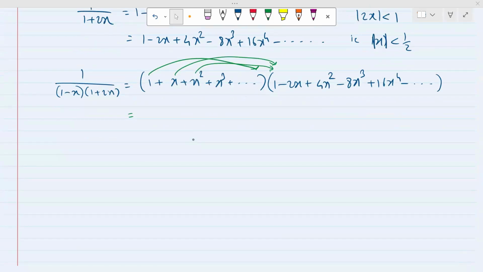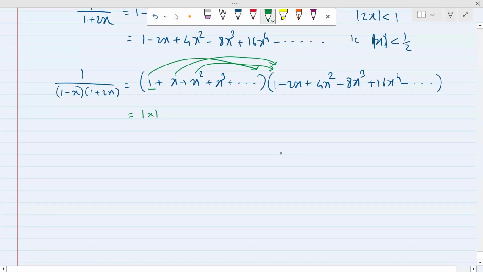It's not very difficult to understand this product. You can understand it term by term. For example, what will be the constant term in the product? Constant term will be the constant term from here times the constant term from here. That is the constant term in the product. What is the degree 1 term?